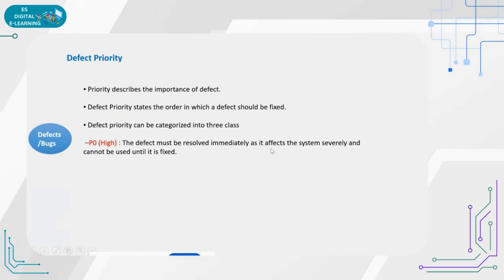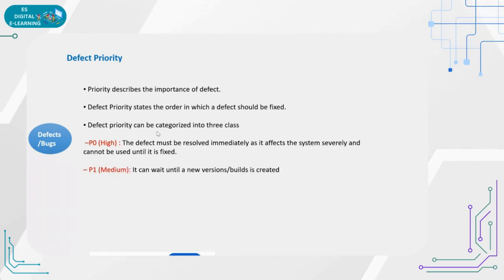High means the defect must be resolved immediately as it affects the system severely and cannot be used until it is fixed. It is a kind of a blocker. In the test cases also, when it is priority, you need to make this high. And medium is like if some software version is not clear, that will be a part of medium.